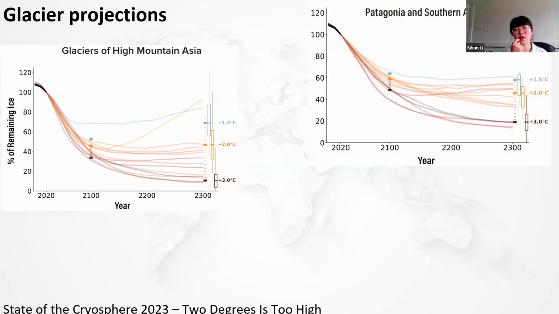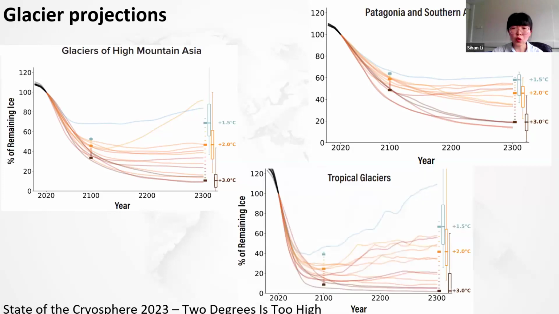And if we look a bit further south of the equator, at Patagonia and the southern Andes, we're also seeing a very drastic decrease in glacier volume by 2100 and 2300, even under this very optimistic goal of keeping global temperature rise at 1.5 degrees Celsius. And if we then look at tropical glaciers, which include Africa, South America, and Indonesia, the picture is even more grim.